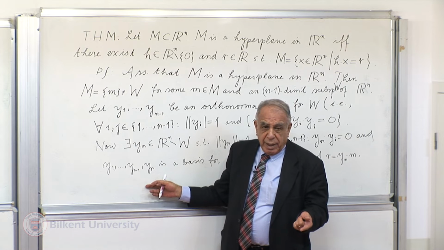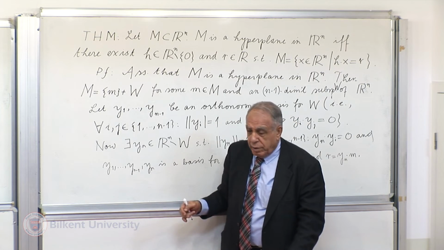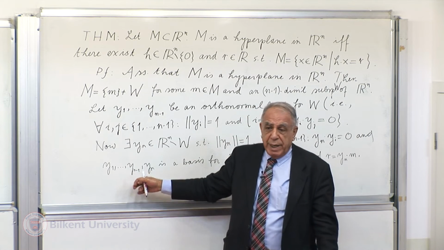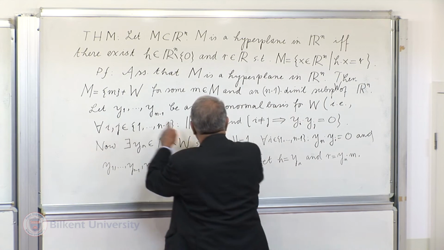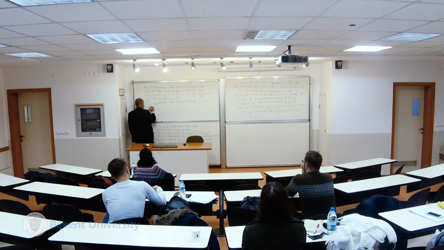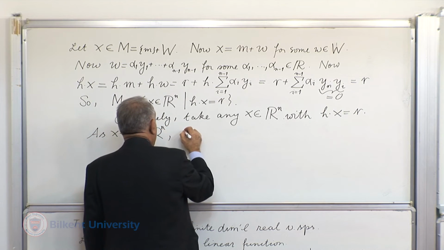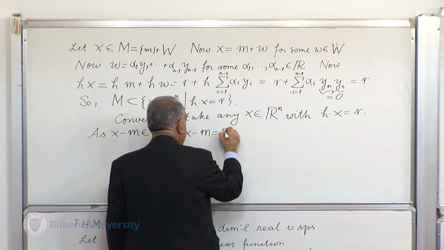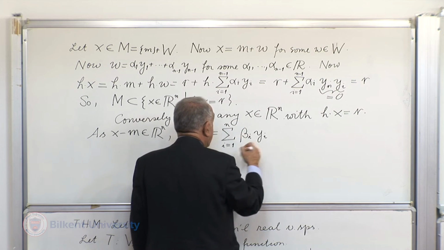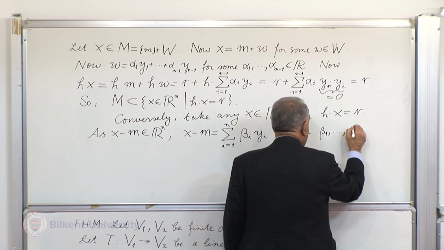If it turns out that the coefficient of yn in that linear combination is 0, then x minus m will turn out to be a linear combination of y1 up to yn minus 1, but that simply will mean that it's in W because this is a basis for W. Now, as x minus m is in Rn, x minus m is equal to a linear combination of yi, i from 1 to n, for some beta 1 up to beta n.